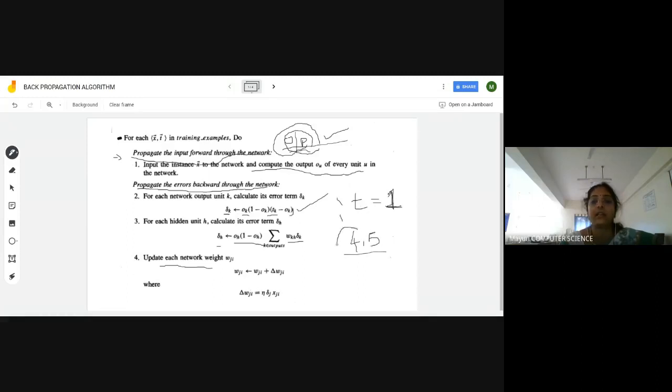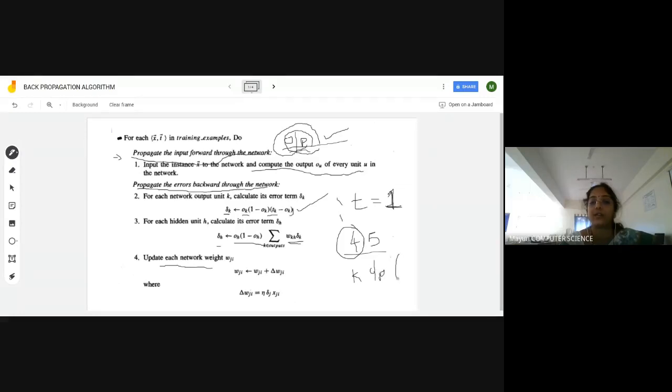Whenever you are calculating the error at 4, you need the output at 4 multiplied with 1 minus that output, and then the weight you are supplying from K. What is K? This is the label for the output unit.